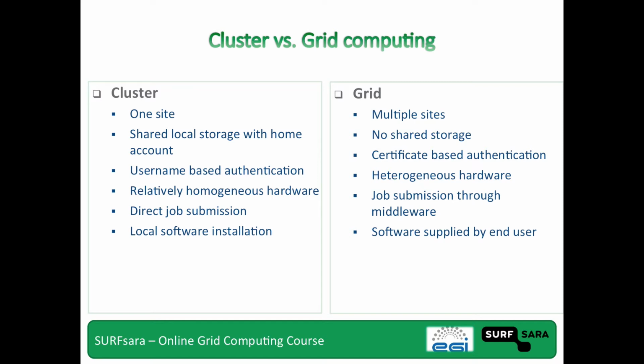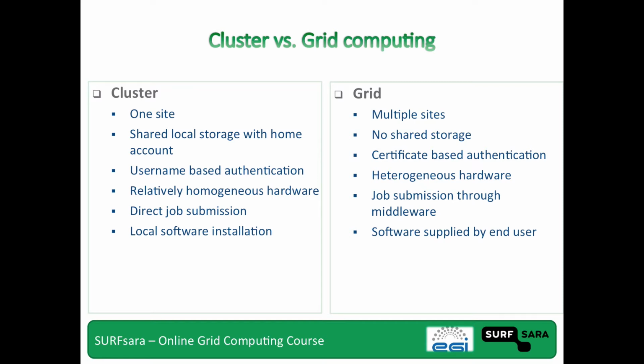On clusters, you can just authenticate with your username and be on your way, while on grid you need both the username to access, for example, the user interface, but also a grid certificate to be able to use the different resources on the grid.